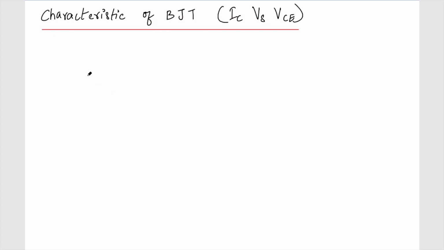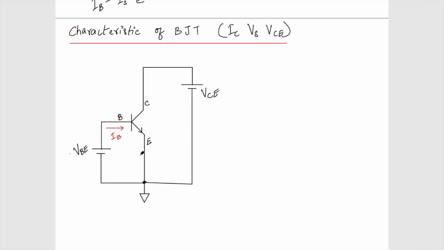Now we will discuss another characteristic of the BJT, which is IC versus VCE. In this case, I'm keeping this VBE fixed, and I'll be varying this VCE, and I will see how this current IC varies with this VCE.